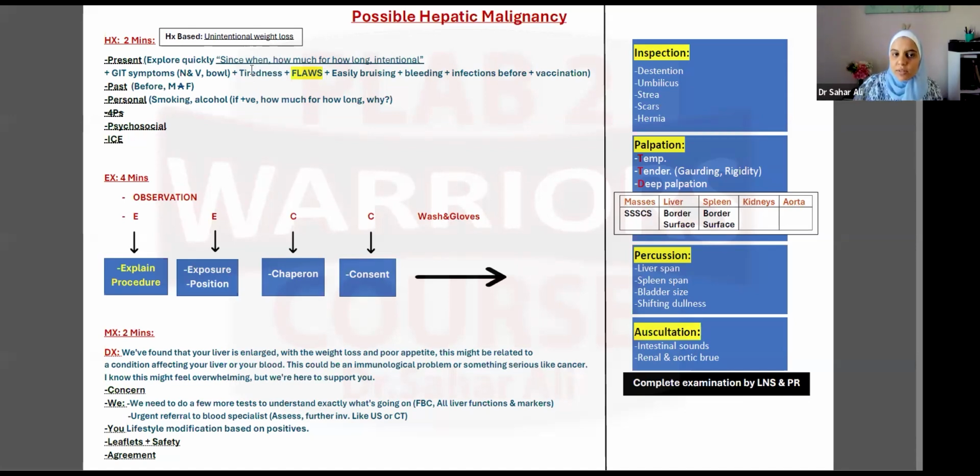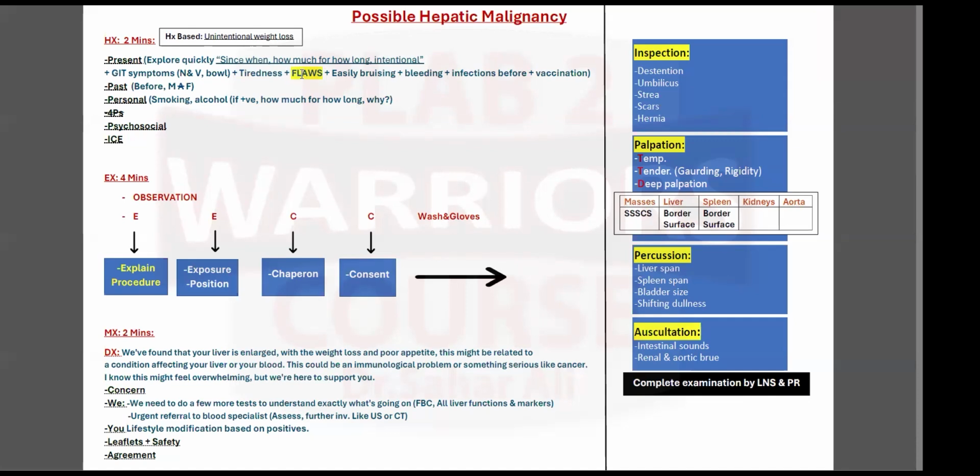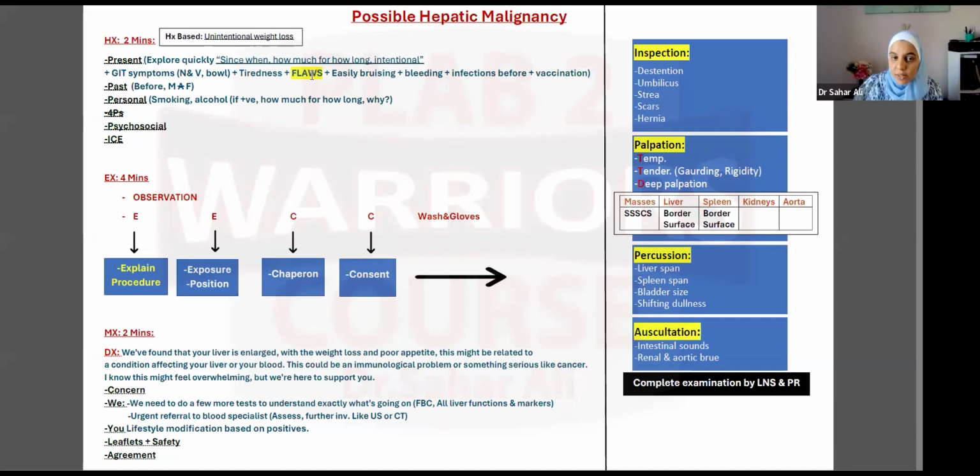But weight loss, then you ask about tiredness and constitutional symptoms that you said, or cancer symptoms: fever, loss of weight, appetite, lumps or bumps, and night sweats, okay?